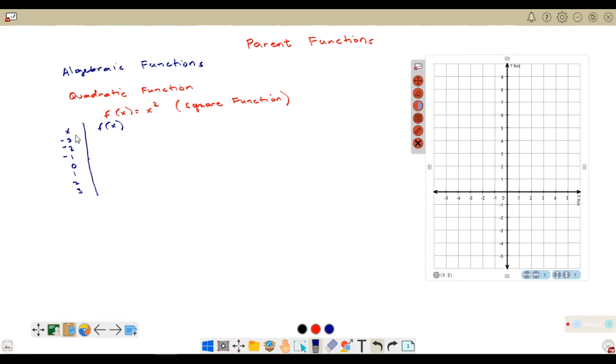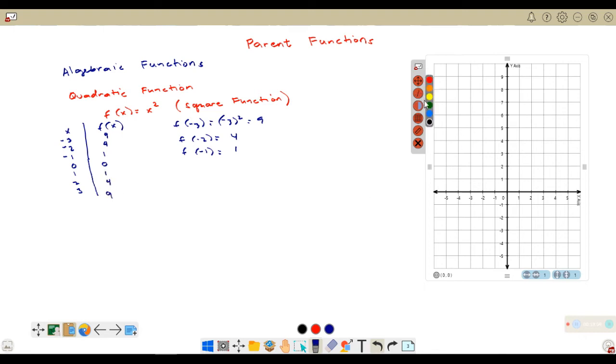So, for negative 3, if we input negative 3 here, you will end up with negative 3 squared, which is 9. If you have f of negative 2, you will end up with 4. F of negative 1, you will end up with 1. F of 0, it is 0. F of 1, it is 1. F of 2, it is 4. F of 3, it is 9. So, lagay lang natin sila dito. 9, 4, 1, 0, 1, 4, 9.